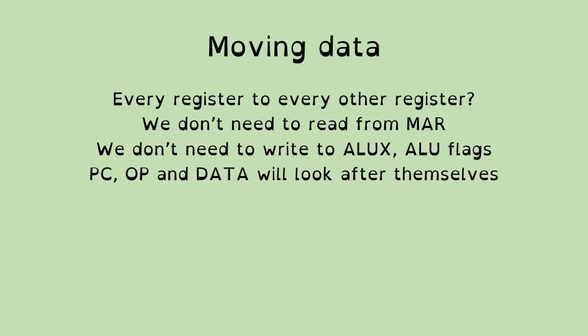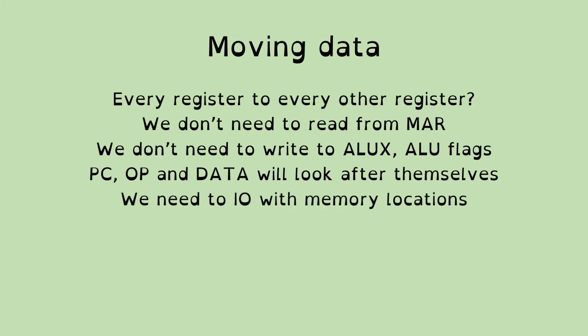So it's only data that we'll need to look at, and we'll show how that's going to happen. We do need to be able to read from memory locations and write to memory locations. Well, actually, that's going to be using data because it uses data as the address, and then you get the data from the memory data register, or put it into the memory data register.